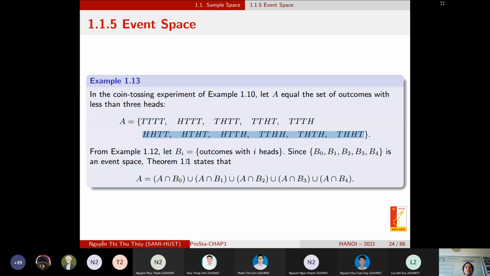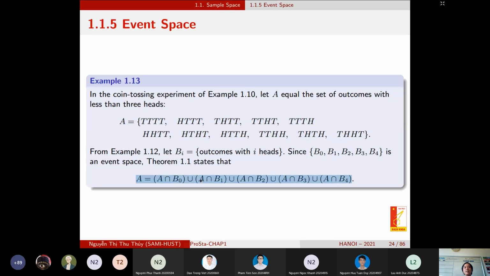And now we consider B_i, the outcomes with i heads. We already see that the set B0 to B4 is an event space. So you can see that the event A can be divided into 5 partitions.